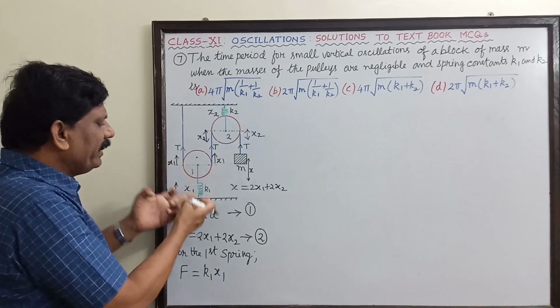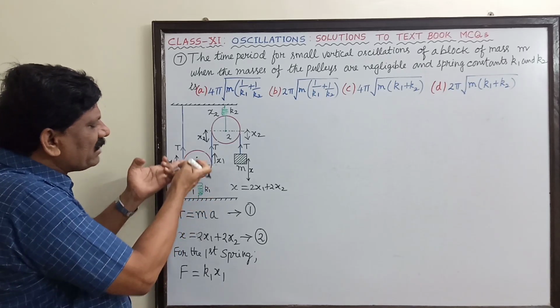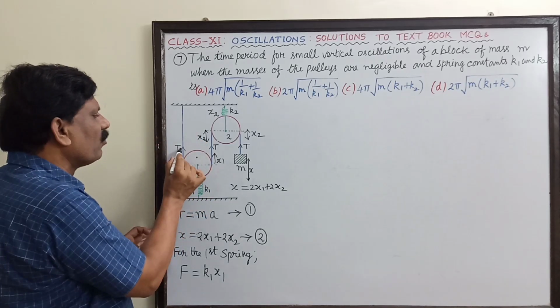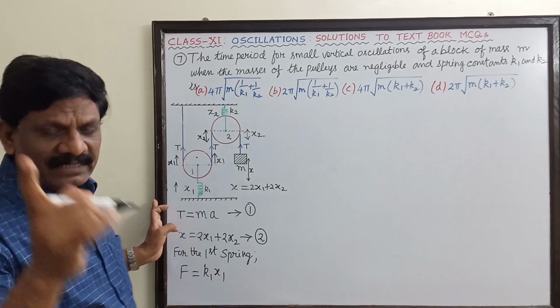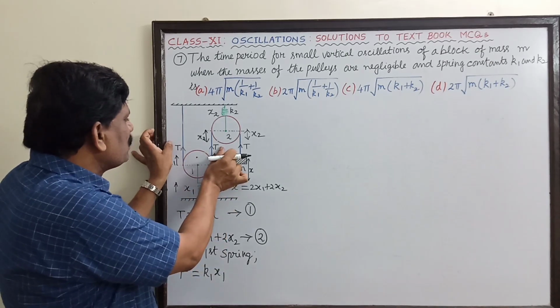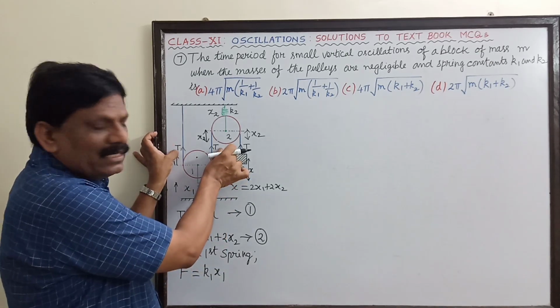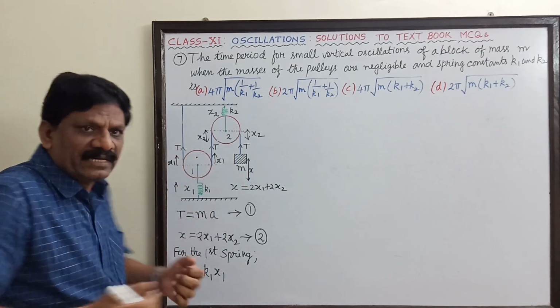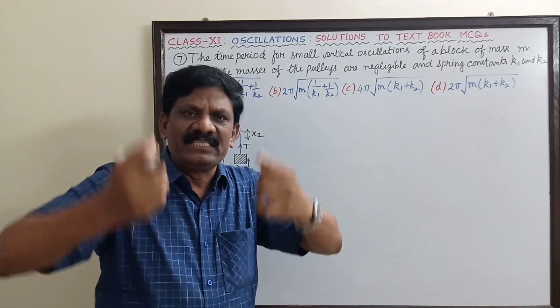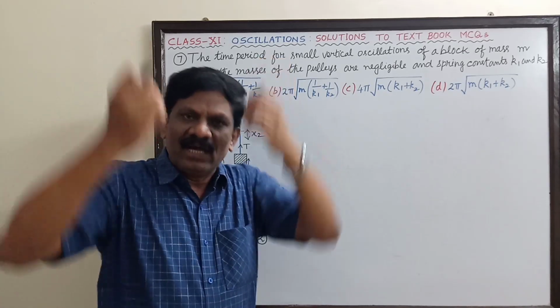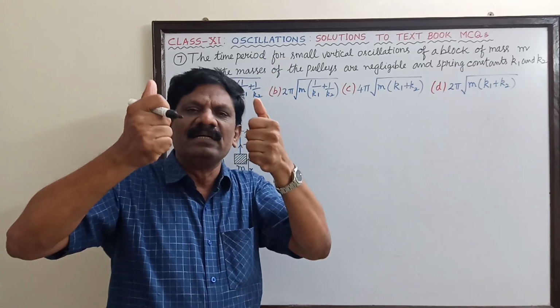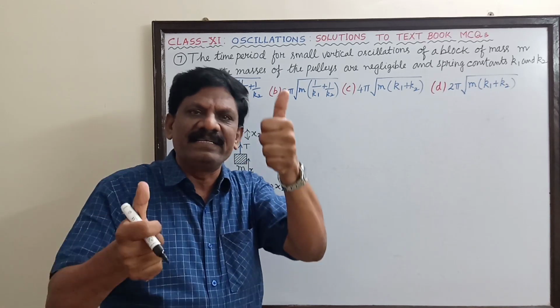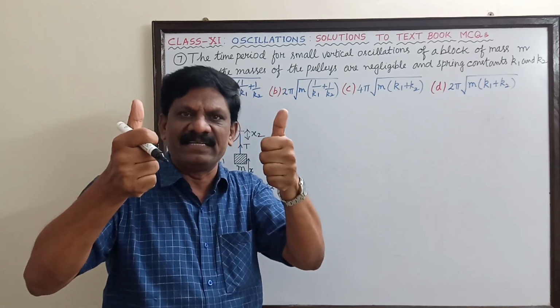The first pulley and the spring are being stretched in the upward direction by how many forces? Two forces. Tension is acting on the two strings. T plus T is 2T. So F must be equal to 2T, is it not? So both the strings are pulling the pulley in the upward direction. Along with that, the spring also is being pulled by the same two forces, T on the left side and T on the right side string.